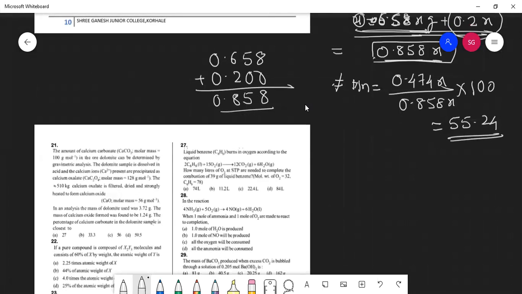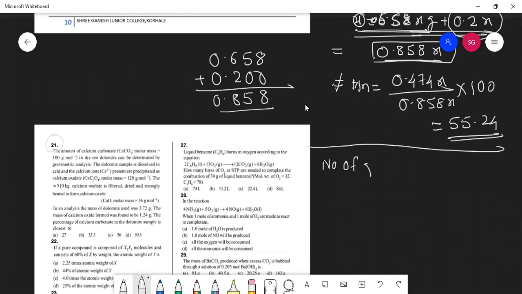Now, question 21. See here, students, listen to this question. It's a very big question. But students, do you know I told you the concept of gram equivalence, the concept of number of gram equivalence? Can anybody tell me the 3 formulas which I told?